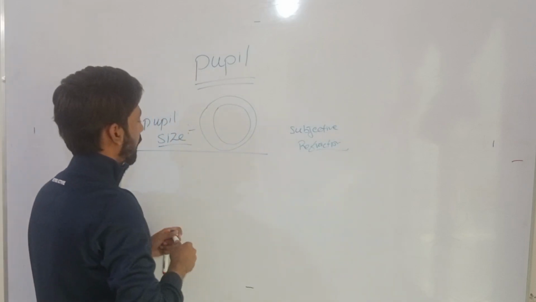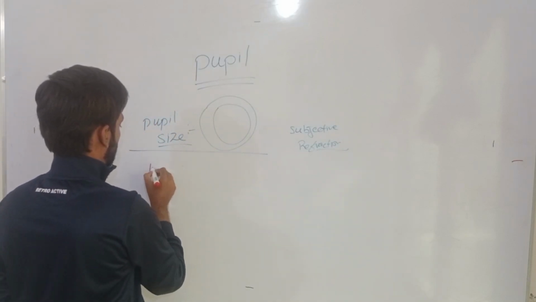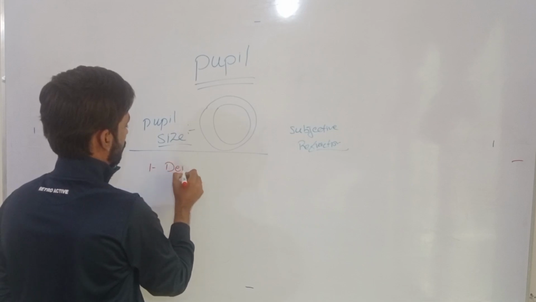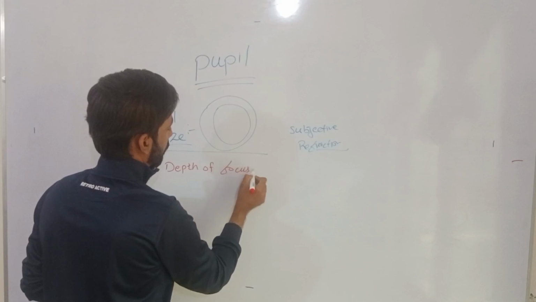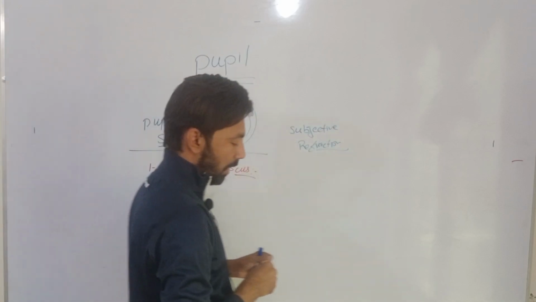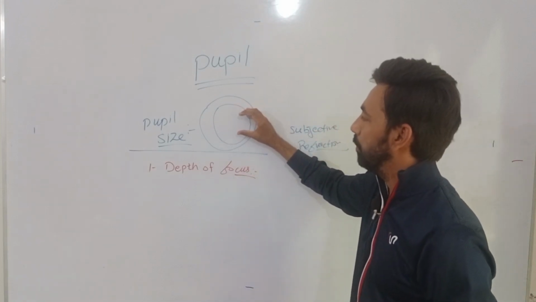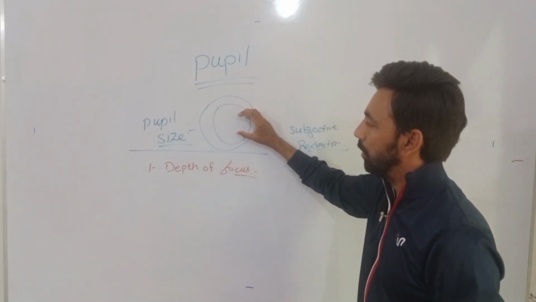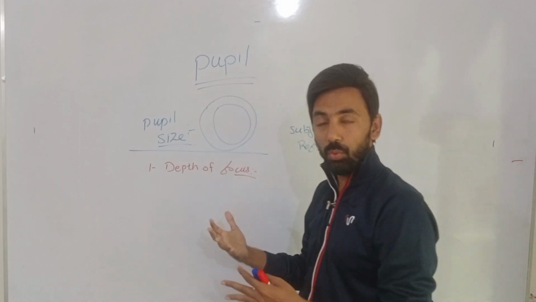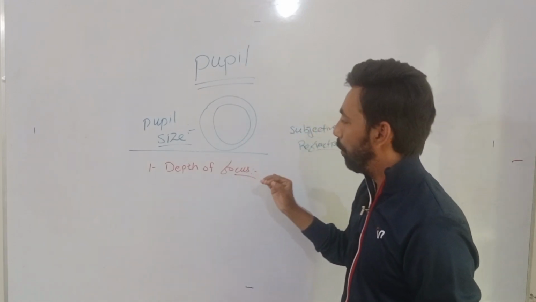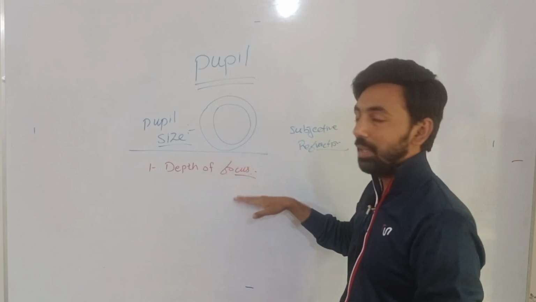Now another reason is depth of focus itself. We have already discussed that when the pupil is at its normal position, the depth of focus is normal, right? And when the pupil is fully dilated, you know very well, the depth of focus will decrease.